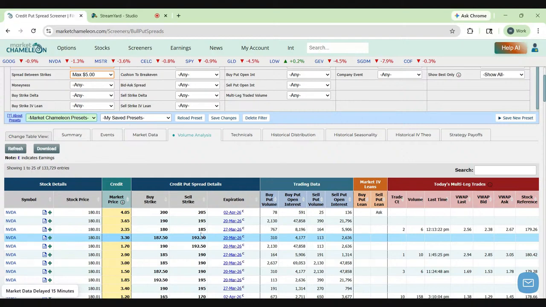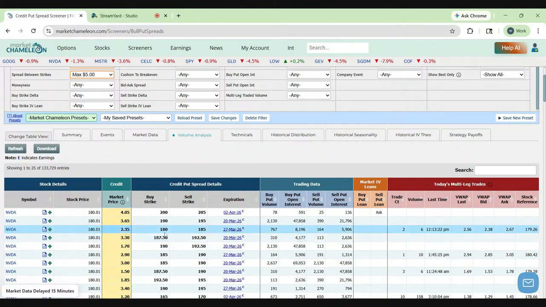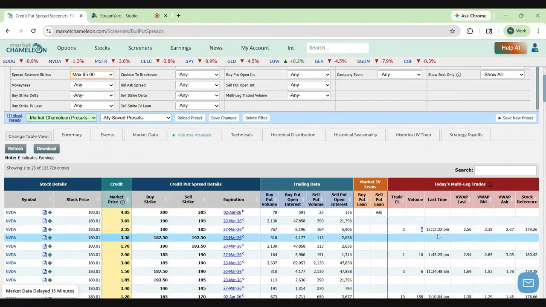When we look at multi-leg orders, we detect if these were a particular spread. And if we did detect a put spread, for example here's one in NVIDIA, the March 27th 180, 185 put spread. If we go over here, it traded 2 times today for a total of 6 contracts.